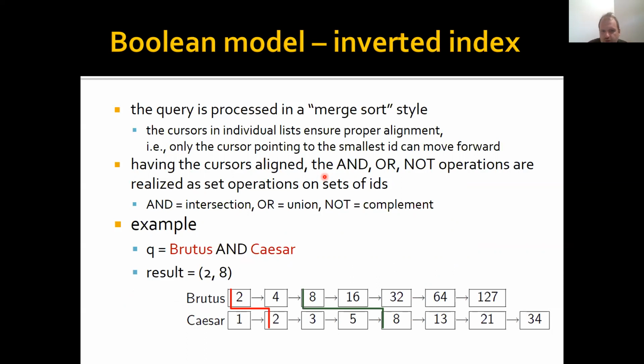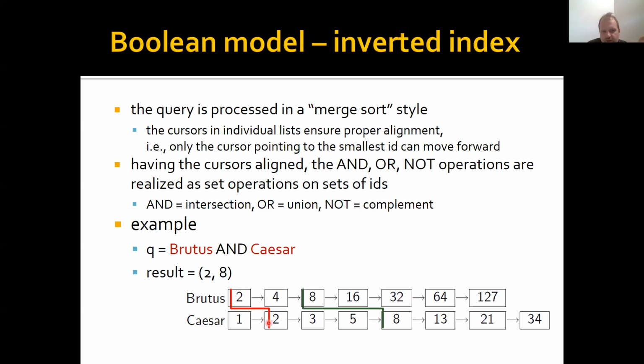In merge sort, we basically merge two sorted lists or sorted arrays by walking with a cursor in the one and in the second, aligning the same positions and actually inserting one into the other. But this second part of merge sort we will not be using. We only use merge sort for keeping the cursors aligned.